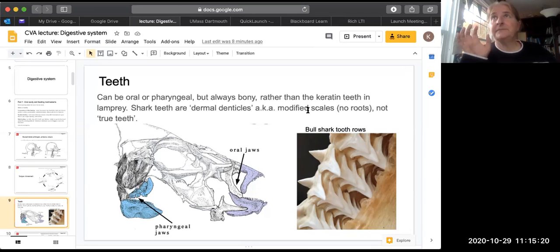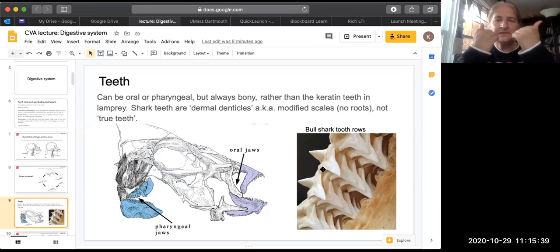So we talked about the types of scales in the integument lecture, right, where they have the dentine and enamel and bone together. So the shark teeth are essentially modified scales, and they have these rows. You guys know about this, where they're not rooted.